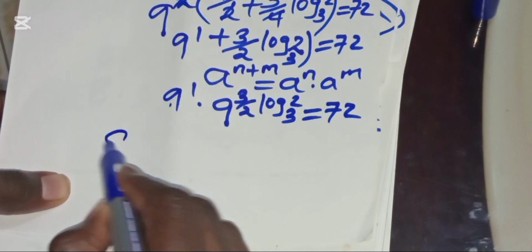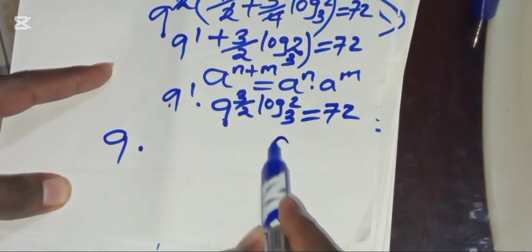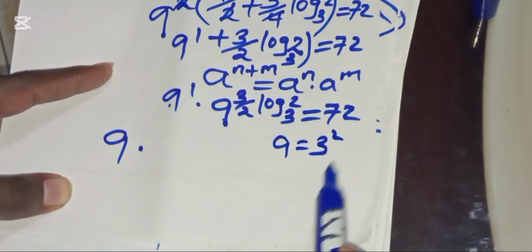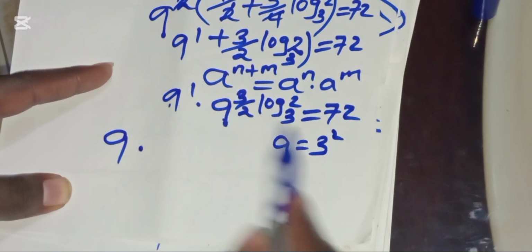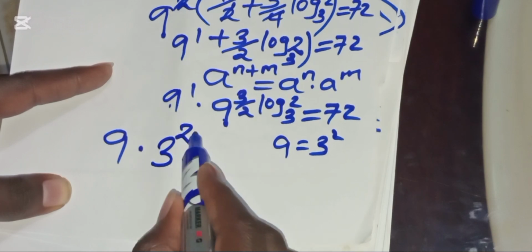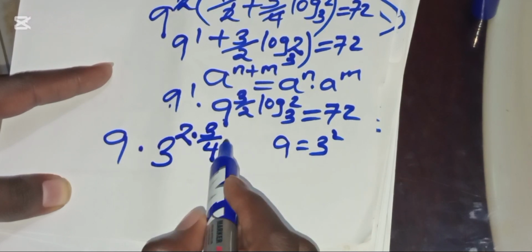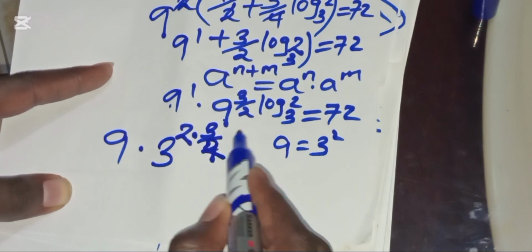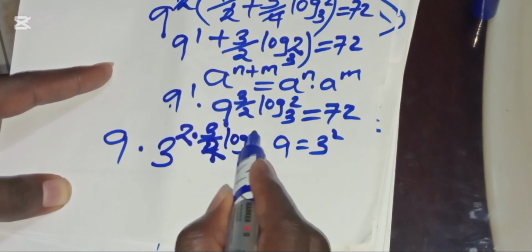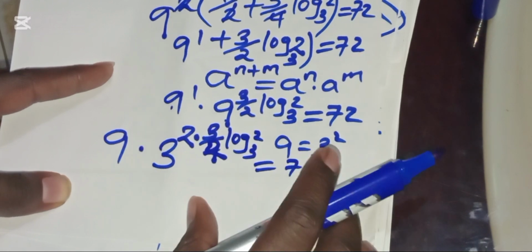This is the same thing as 9 multiplied by 9 raised to the power 3 over 2 log 2 to base 3. We can express 9 as 3 to the power 2, so let's substitute this.